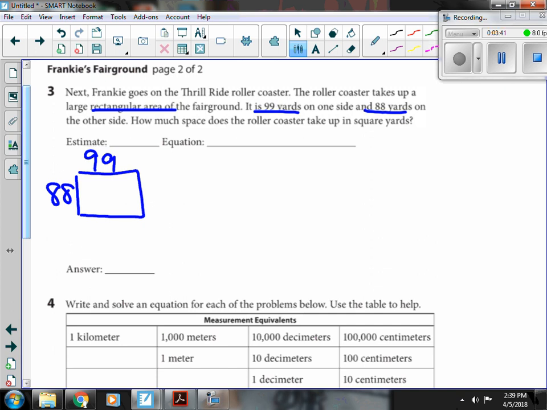So I'm going to multiply. My estimate, I'm going to say 100 times 100. It's 1 times 1 is 1, and now I have 4 zeros. So 10,000 square yards is what my estimate is. And my real equation is 88 times 99, and that equals my A for area.